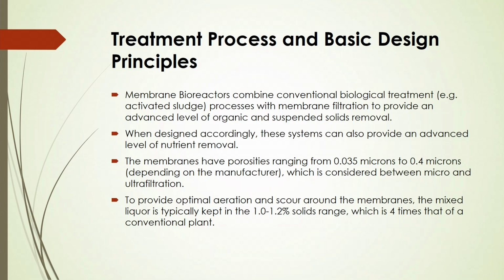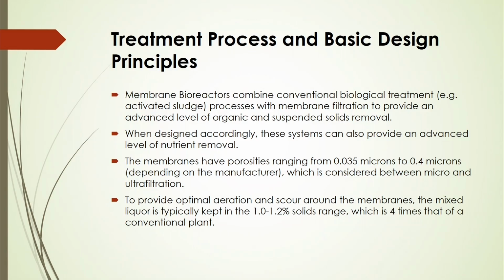0.035 microns to 0.4 microns. That of course depends on the manufacturer. They procure or develop different types of membranes based on their porosity range, which is generally considered between micro and ultrafiltration.